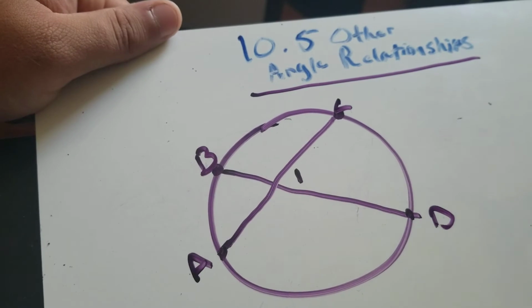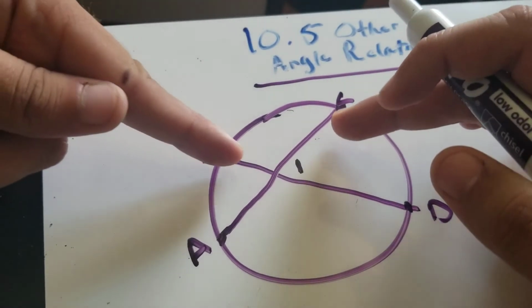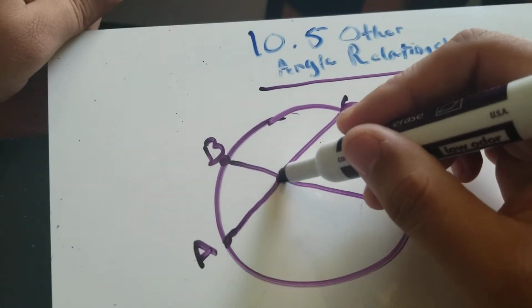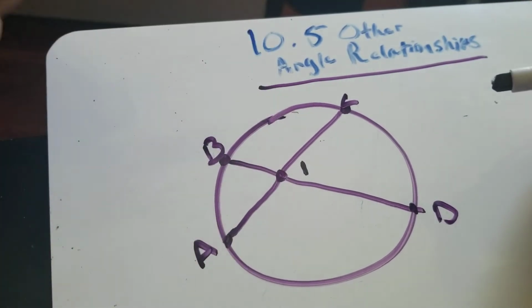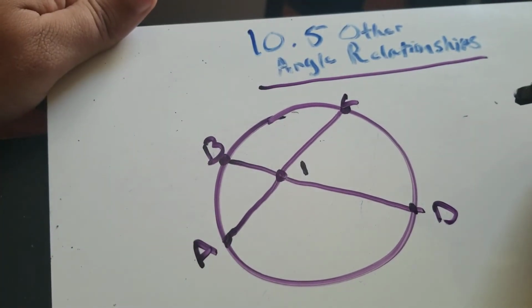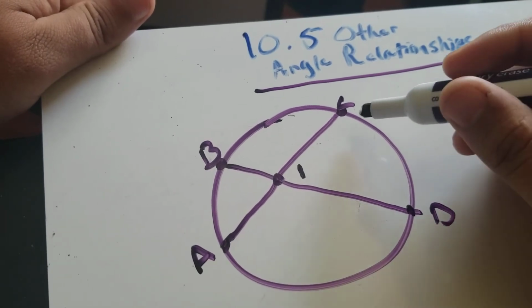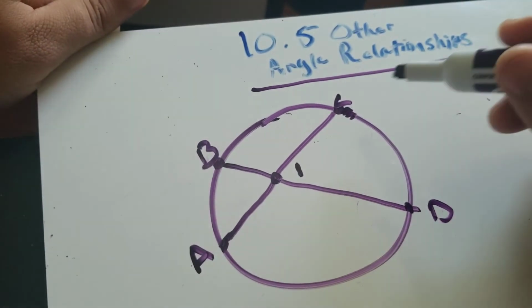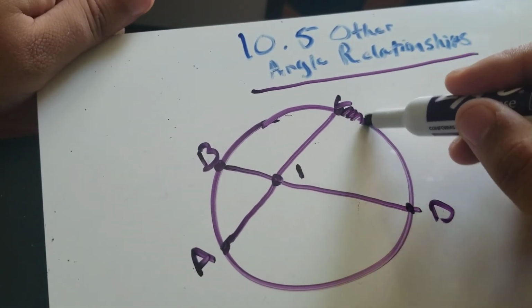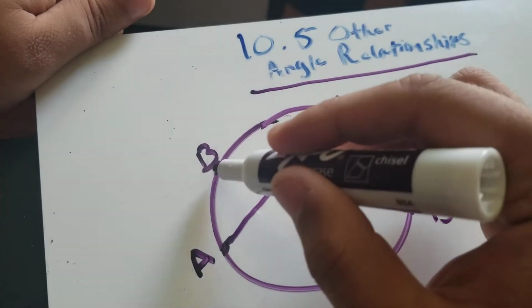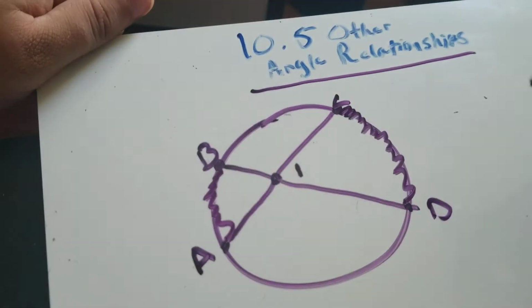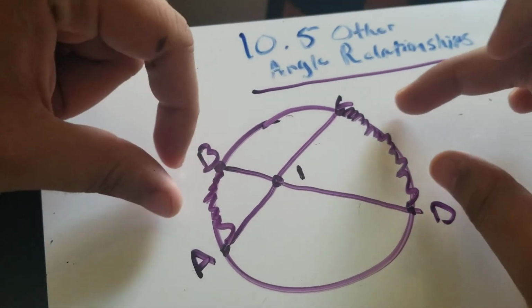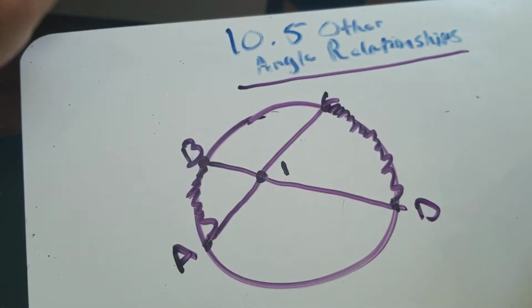All right. So the rule is if you have intersecting chords inside, so they're intersecting on the inside of the circle, that means that this angle is going to be the average of this arc CD and this arc BA. So it's going to be the average between these both arcs.